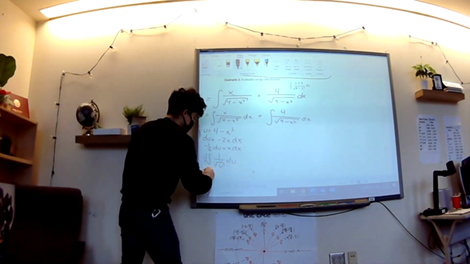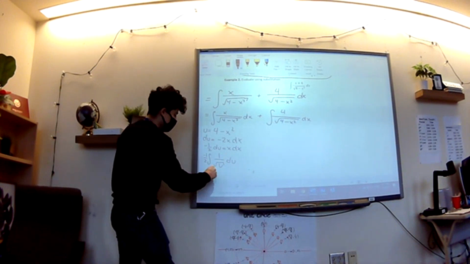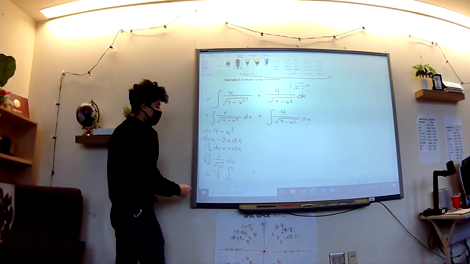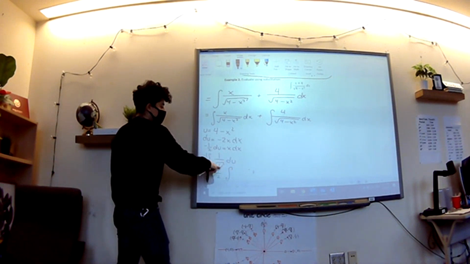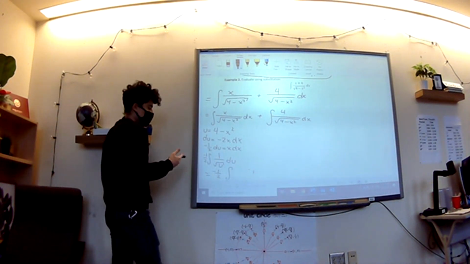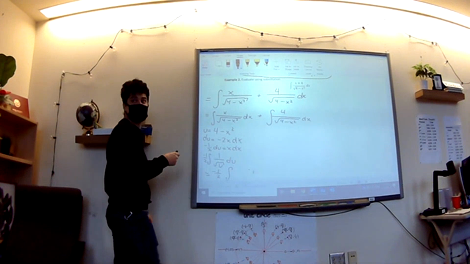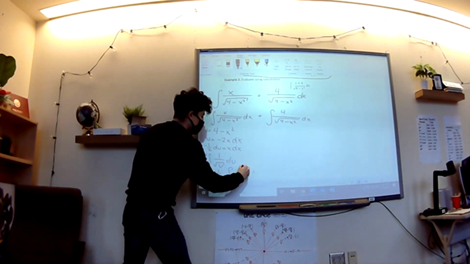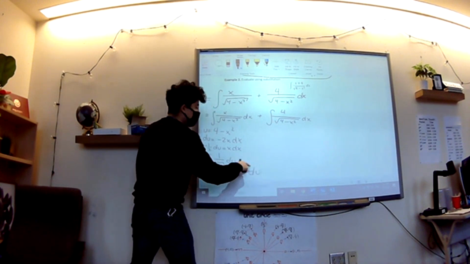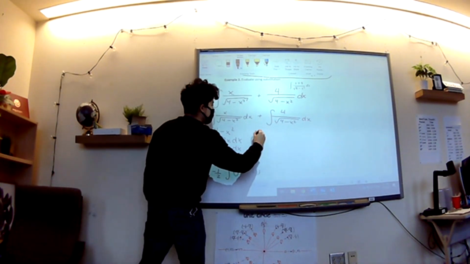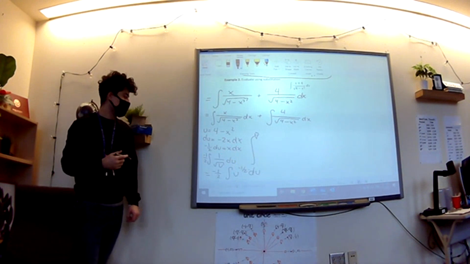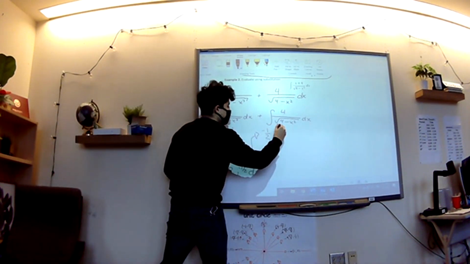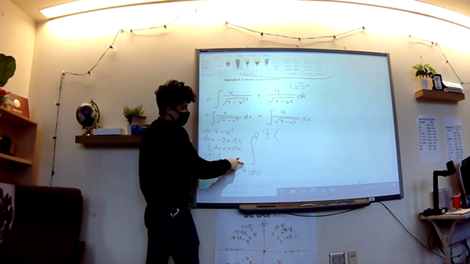Now that just becomes negative 1/2 square root of, and then what would be an easier way to try to take this antiderivative? Like, how could I rewrite that? What did you say? Yeah, exactly. Nice. u to the negative 1/2 du. Now it's just u to a power, so this becomes negative 1/2 times the antiderivative of u to the negative 1/2.